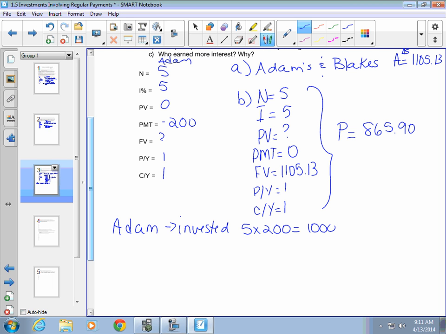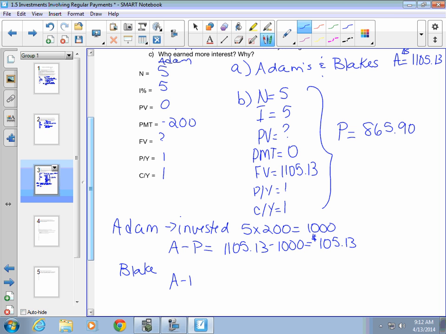So he invested $1,000 of his own. So that means his future value minus the principal will be $1,105.13 minus $1,000. So he earned only $105.13 interest.